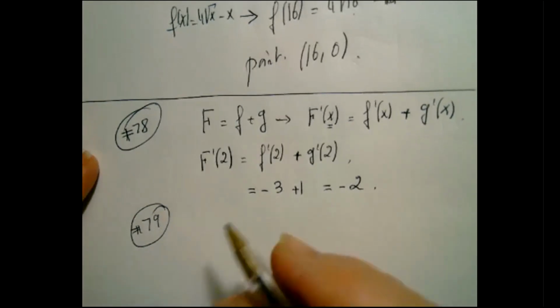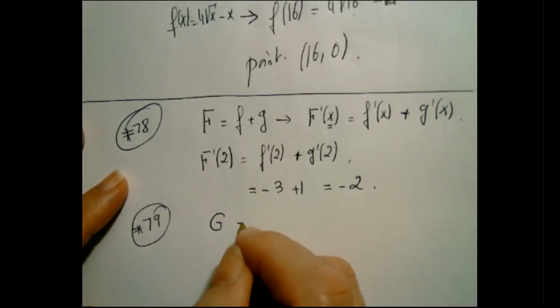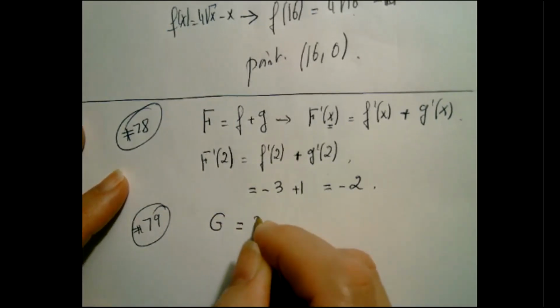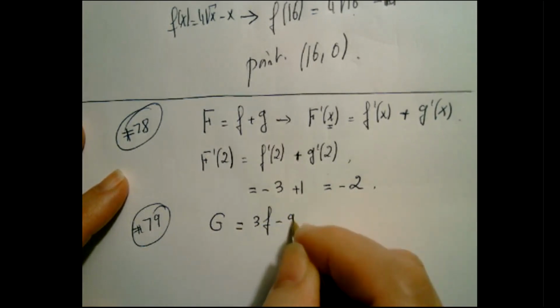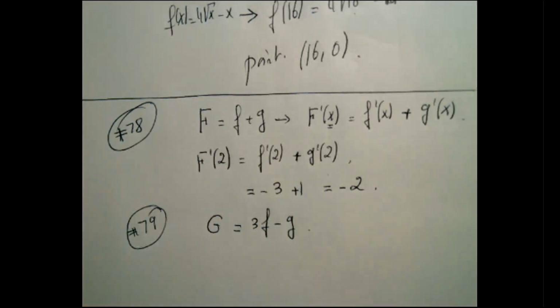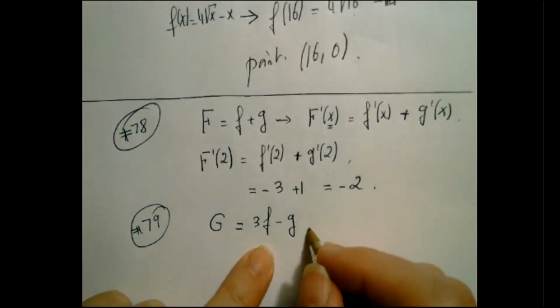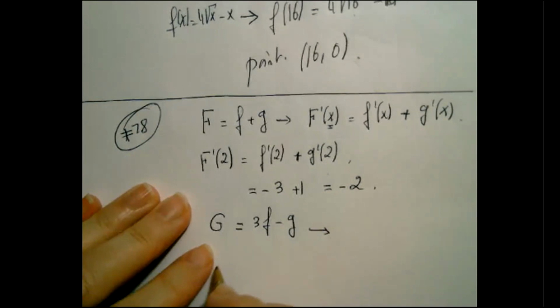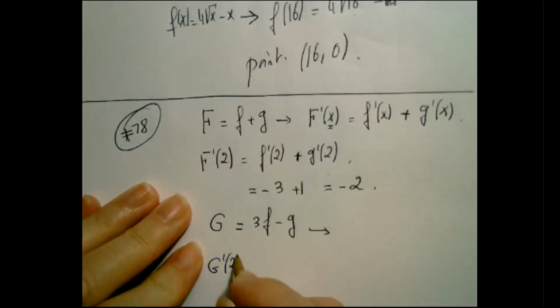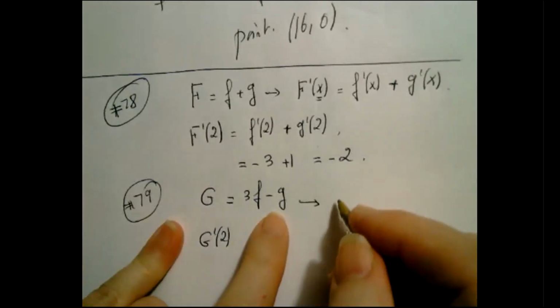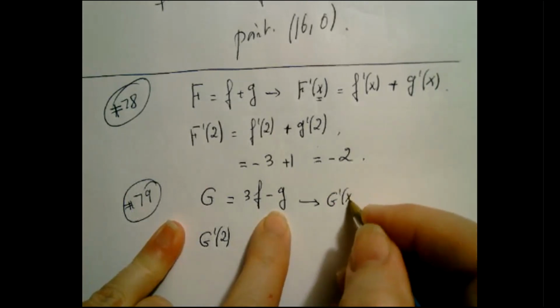Okay. And now if we look at 79, just to make sure, for example, they give us a new function and they call it g, which is 3f minus g. Again, this is a new function obtained from those 2 old functions, and they want g prime at 2. So first we find g prime at any point.